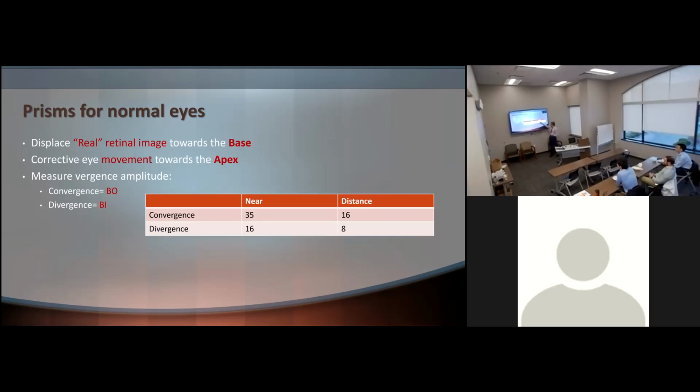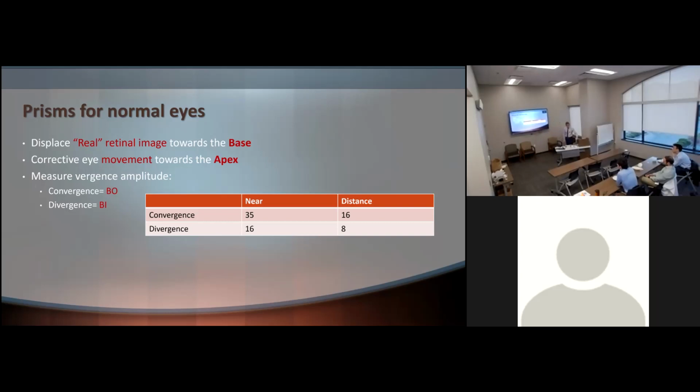And the same number that we have for distance is equal to the divergence amplitude at near, because at near we do diverge, but not that much. At distance, we do diverge much less, and we have half of that. So again, start with the maximum of the prism bar, around 35 to 45. Half of that 16, and then 16 at divergence, and go down to 8 for distance.